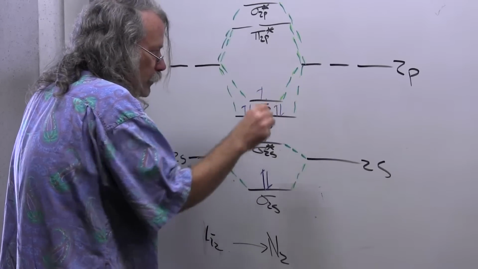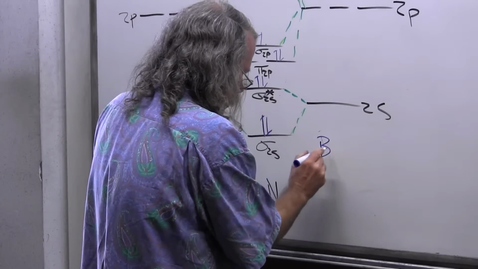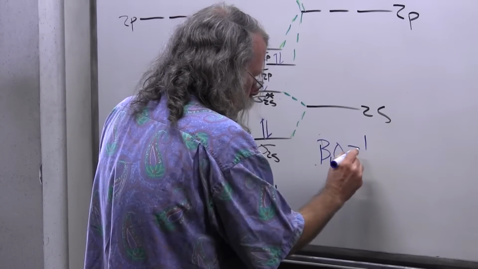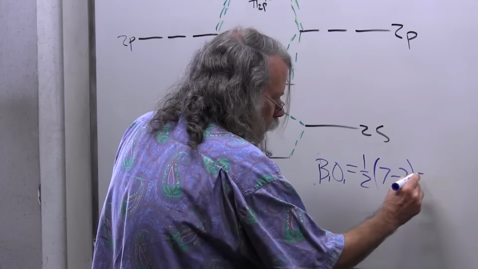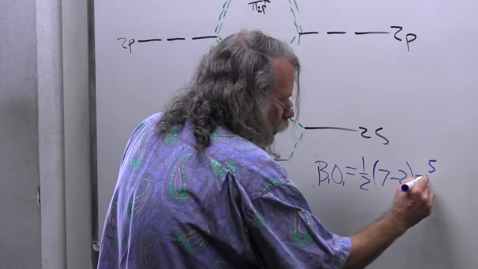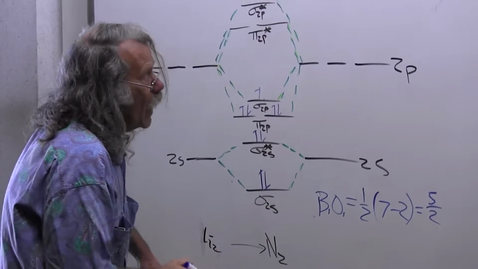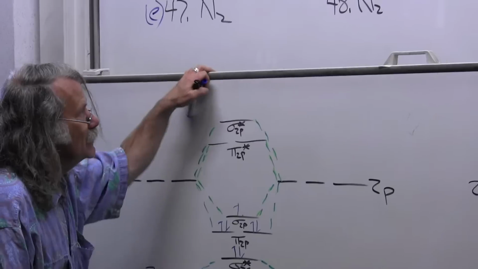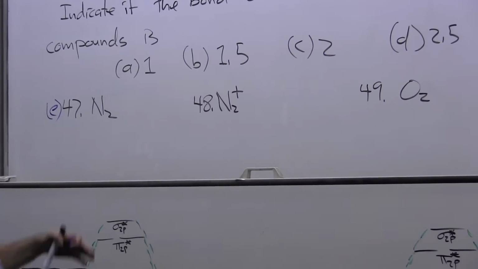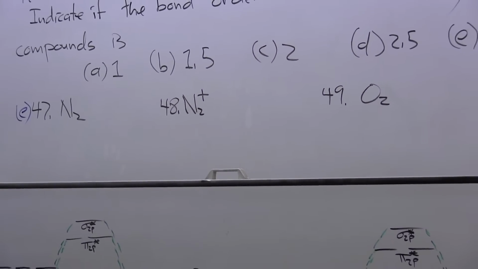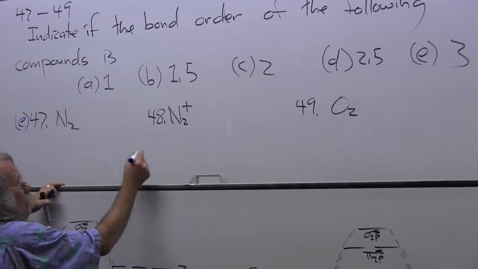So if I remove one of these electrons, my bond order is equal to 1/2. Now this time I've got 7 minus 2 equals 5 halves, which is 2.5. So there's a net decrease in bond order, which is what we'd expect. We were removing a bonding electron. And so the answer to 48 is D.